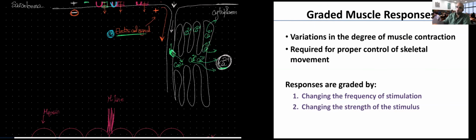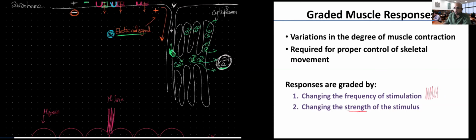You're going to be changing the grade of the contraction in response to the frequency of stimulation. How many stimuli in a period of time did you receive? So frequency is number in time. And the other factor that affects the grade of muscle contraction is the strength of the stimulus.